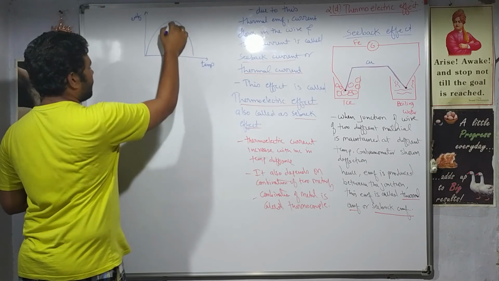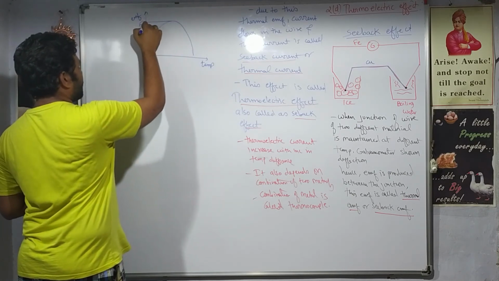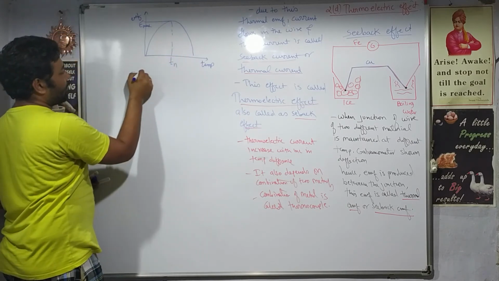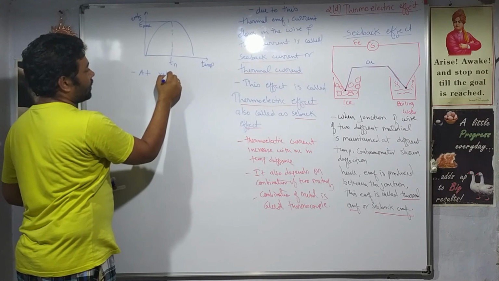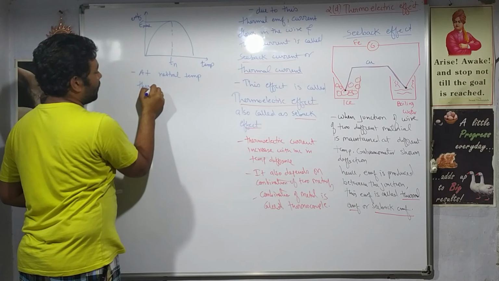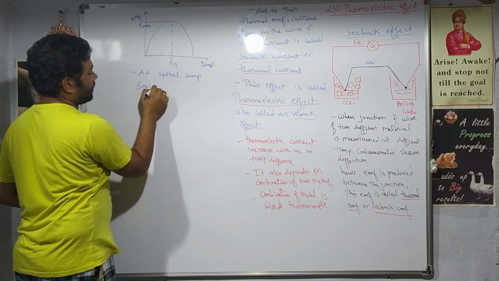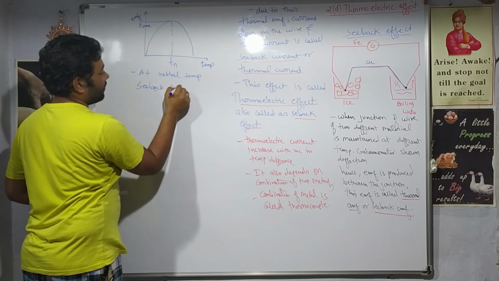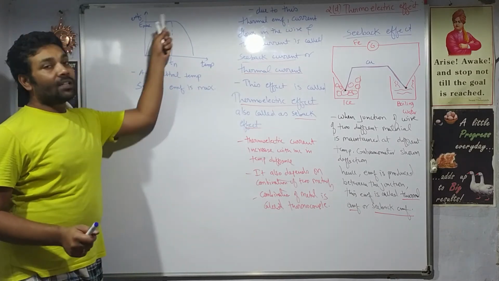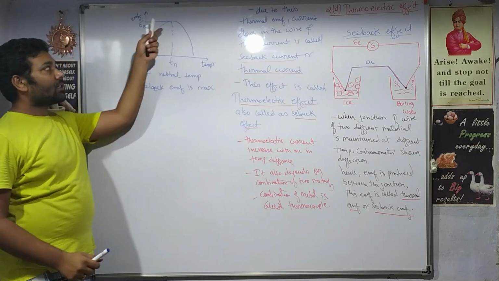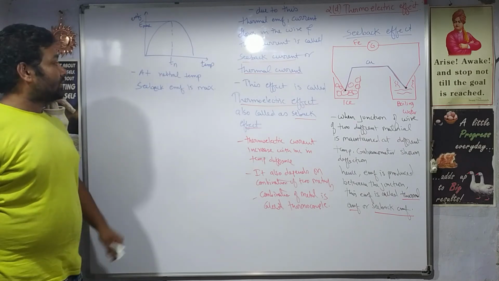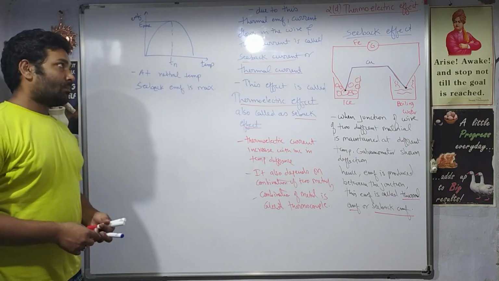At a particular temperature, known as the neutral temperature, the Seebeck EMF is maximum. If the temperature is increased beyond it, the EMF decreases, and if the temperature is decreased, again the EMF decreases.